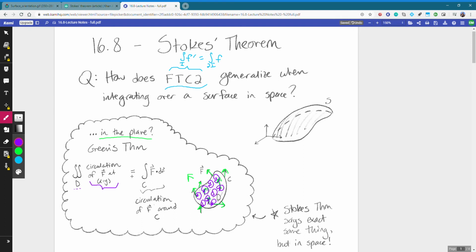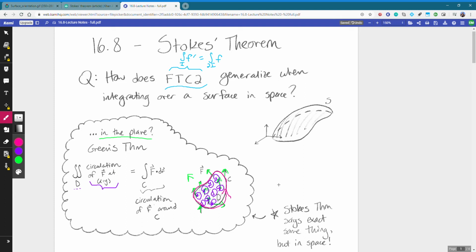Or, Green's theorem says, we could just march around the boundary of that region in the counterclockwise direction and figure out the circulation of F just around that boundary curve.